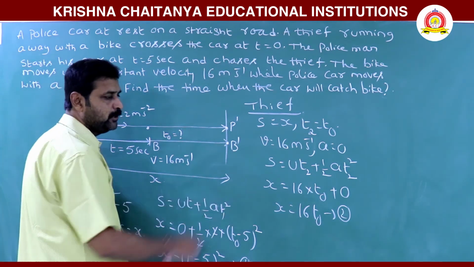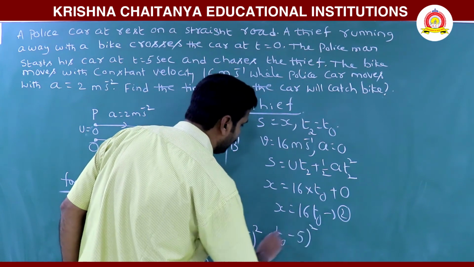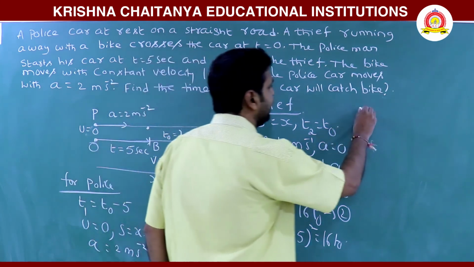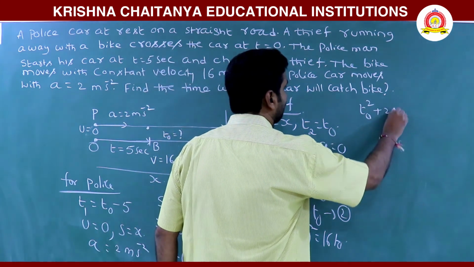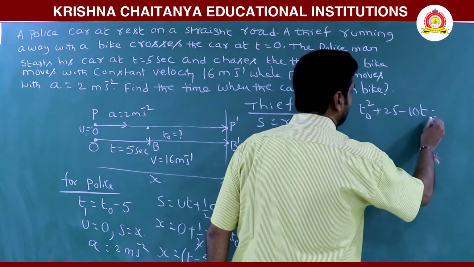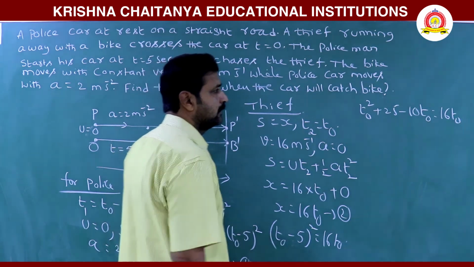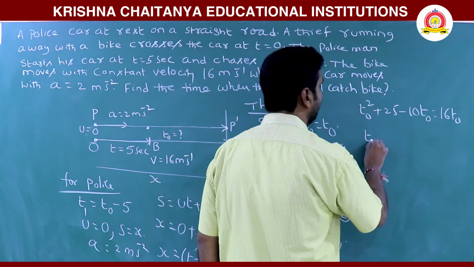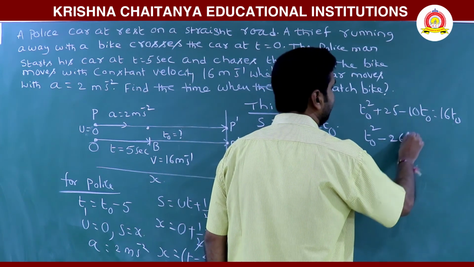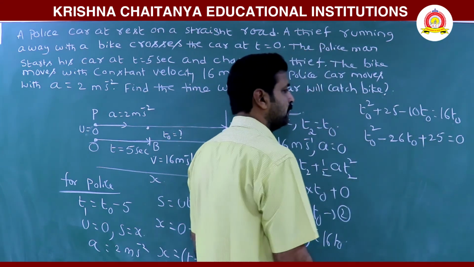So equating 1 and 2, we have t0 minus 5 whole squared equals 16 t0. Now t0 squared plus 25 minus 10 t0 equals 16 t0, from the a minus b whole squared formula. Bringing the 16 t0 to this side, you get t0 squared minus 26 t0 plus 25 equals 0.